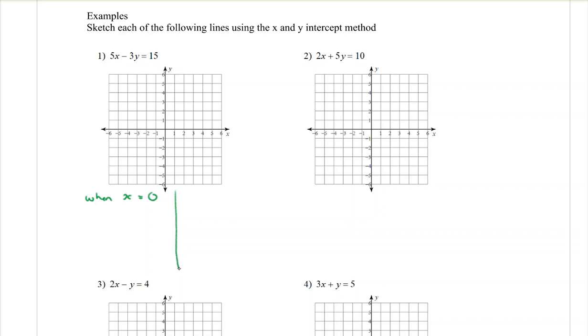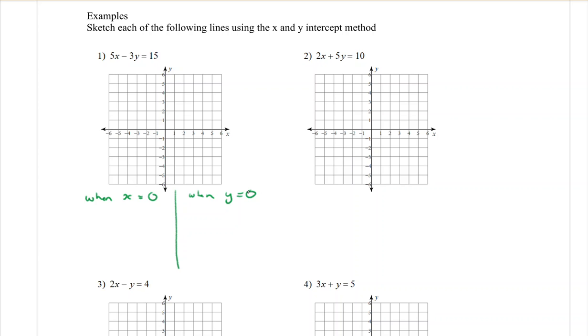If you want to find where the line is going through the x-axis, you're going to substitute in when y is equal to 0. On your test it will tell you if it wants you to use a certain method. If it says sketch this line using the x and y intercept method, you will know that you have to show when x equals 0 and when y equals 0. You'll need to do this little calculation.